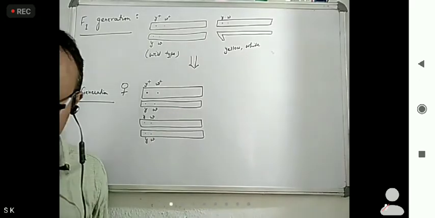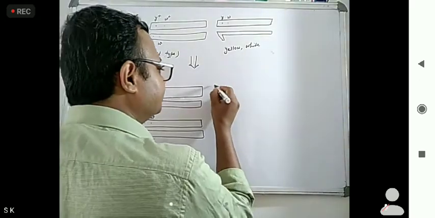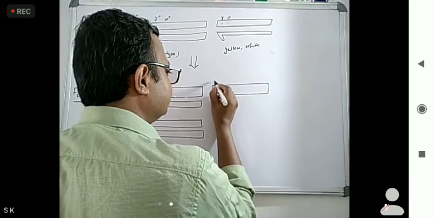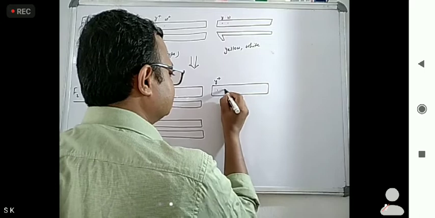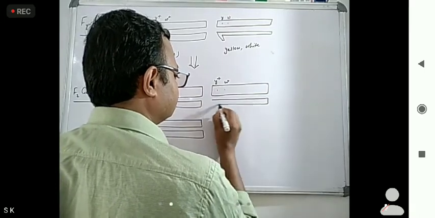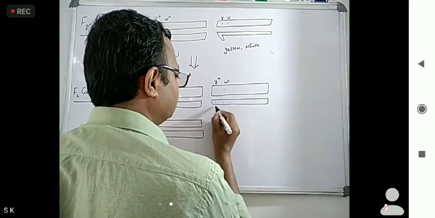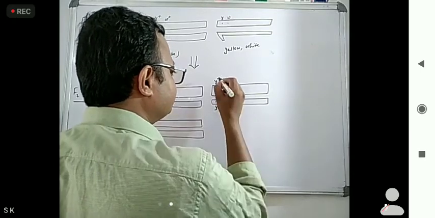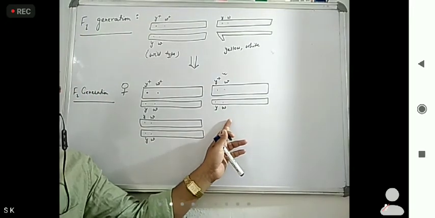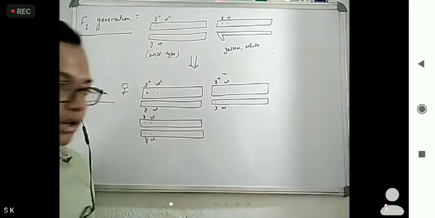Next, what did he receive? They received Y plus W, and this one YW. Here you see, this one is the new combination. Y plus W, this one was the new combination.